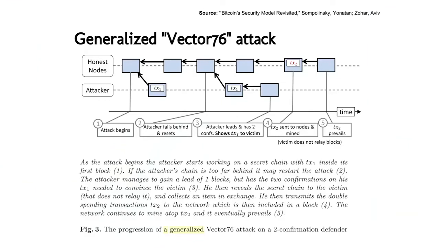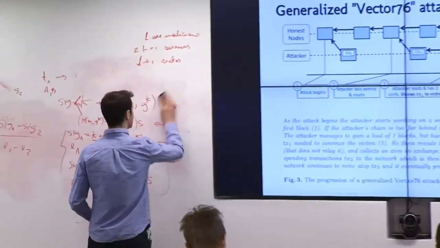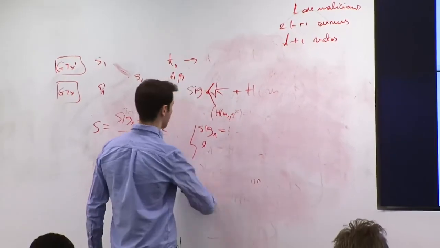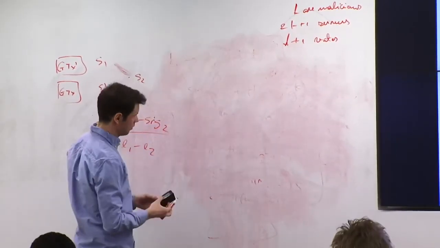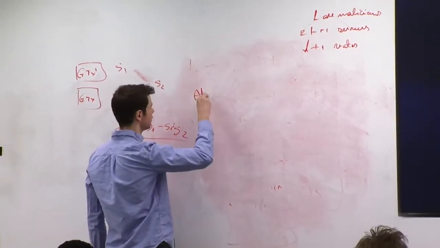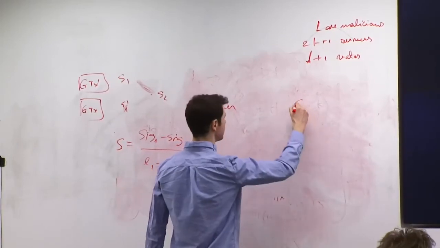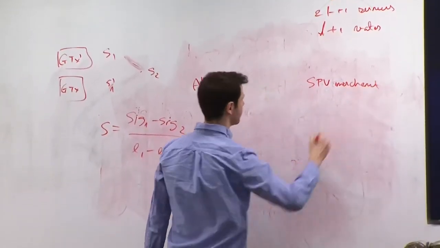So let's draw a figure here. This merchant is an SPV merchant that only needs one confirmation to accept the transaction. So we have the attacker, and we have, let's say, the SPV merchant. Right?